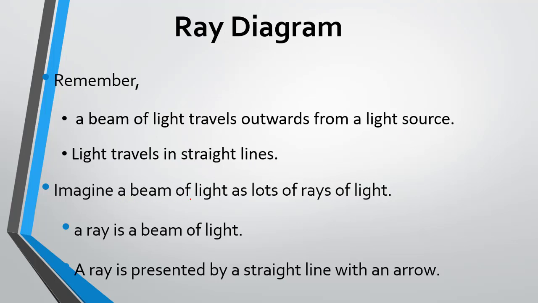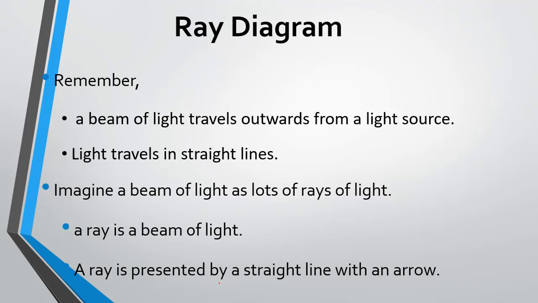Imagine a beam of light has a lot of light rays. That's what I said earlier, that a beam of light is the same as a band of light, which is also representing rays of light.